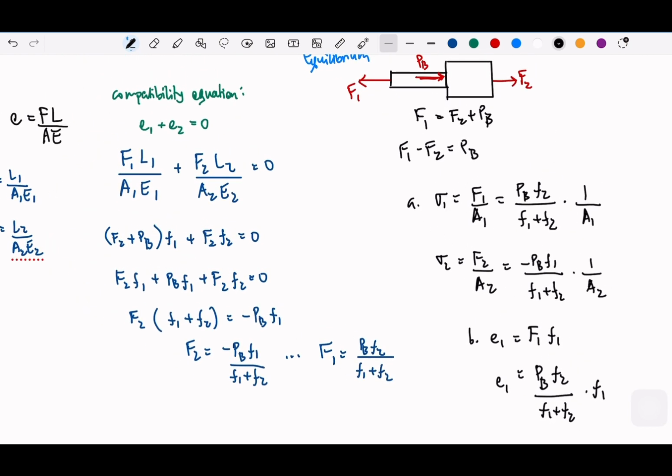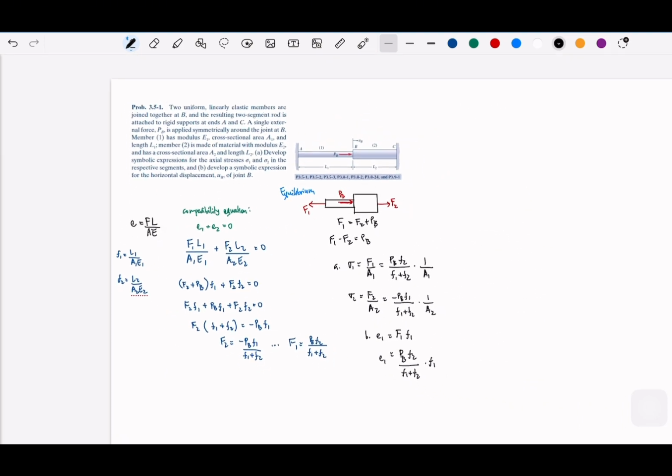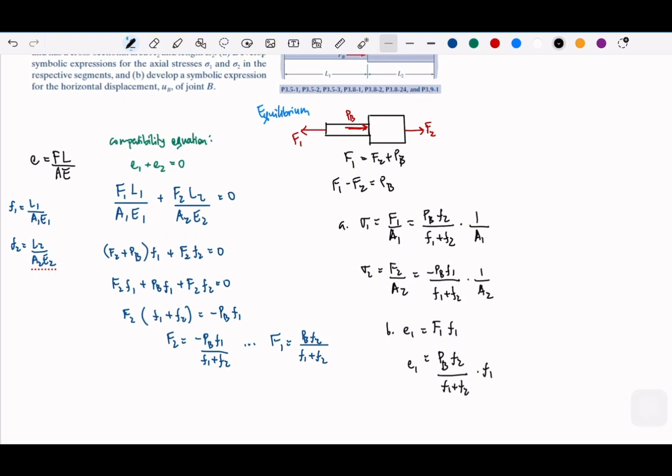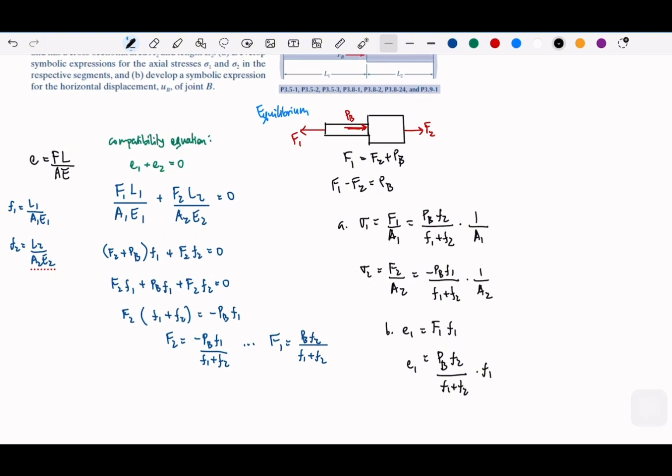If the question has numbers, then we can just substitute the numbers and compute the result. Every time we do this, we always start with the diagram, equilibrium, and then depending on the question, we can start with the compatibility equations first, or maybe writing down the elongation formula.